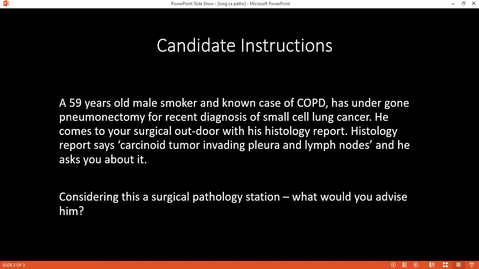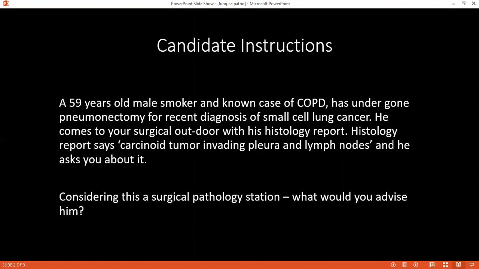Okay, can you please tell me what is the pathogenesis behind small cell lung carcinoma which this patient had? Pathogenesis of small cell lung cancer, ma'am. Yes, please. Okay, can you tell me what are the options available to confirm your diagnosis?